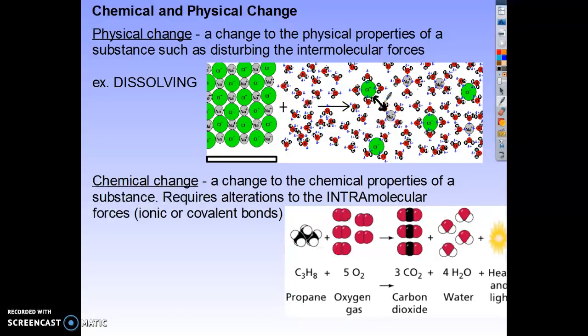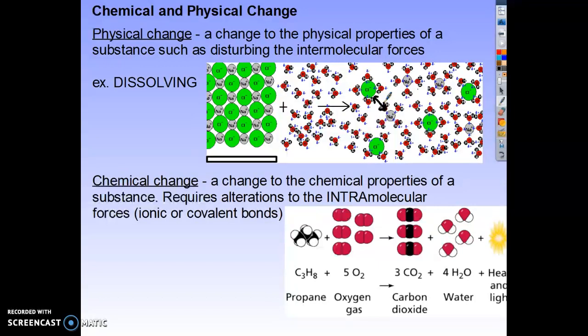But one example of a pretty big change is any kind of combustion reaction, which combustion is when we are burning something, and we will be burning things this week, so that's why I'm using this as an example. This causes alterations to the intramolecular forces, or the bonds within the compound, ionic or covalent bonds.